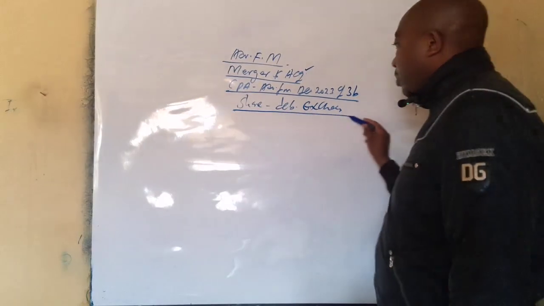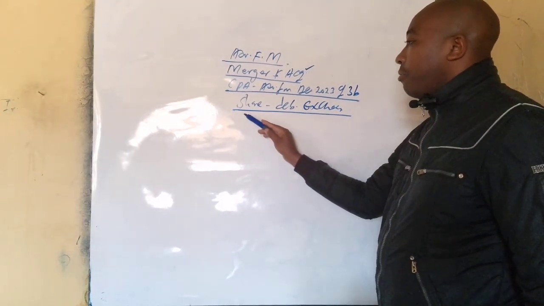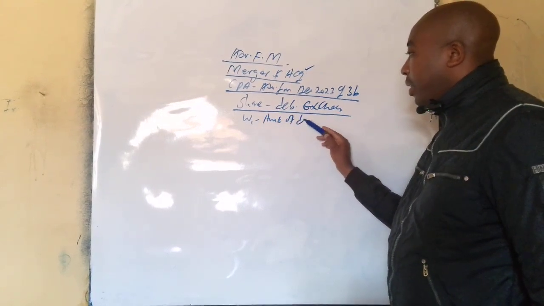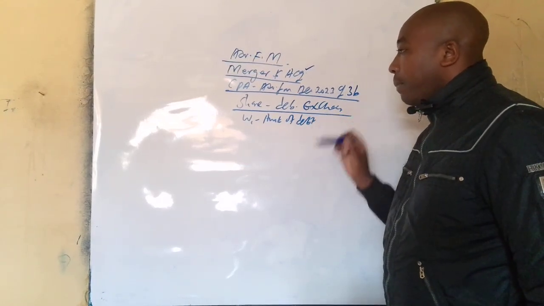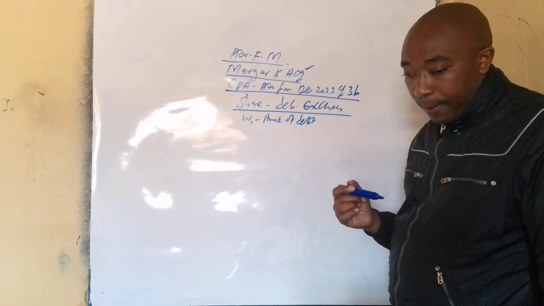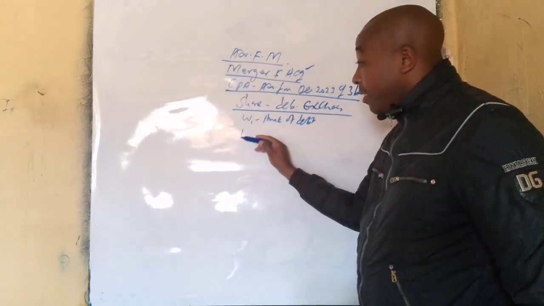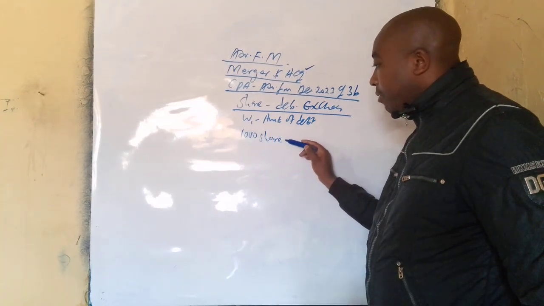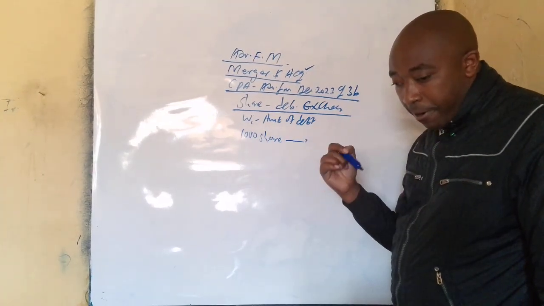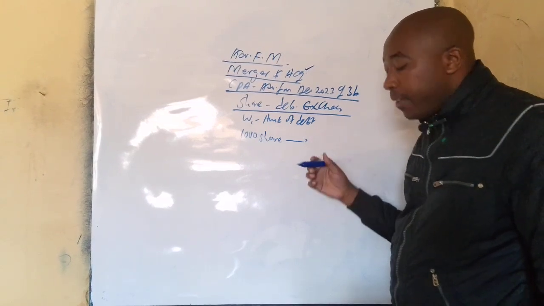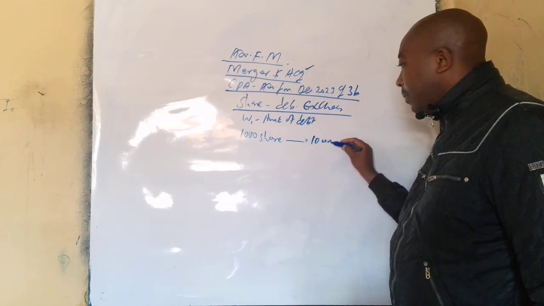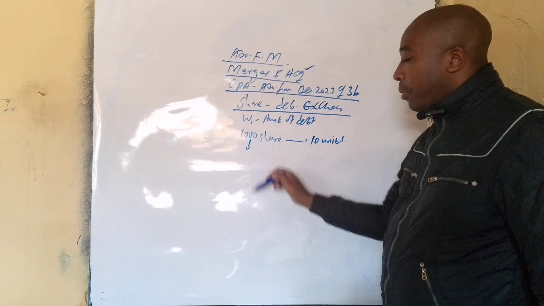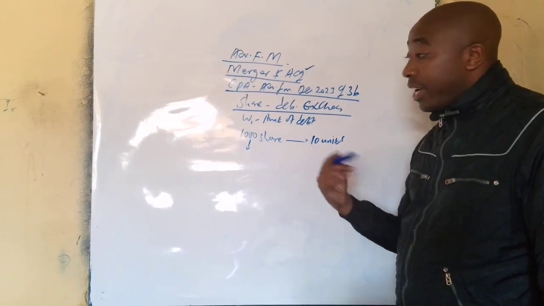And we start by computing the amount of debenture. Your working one is the amount of debenture. We are being told for every 1,000 shares, we are offering 10 units of debenture. You come and ask yourself, this company we want to acquire, how many shares are there?